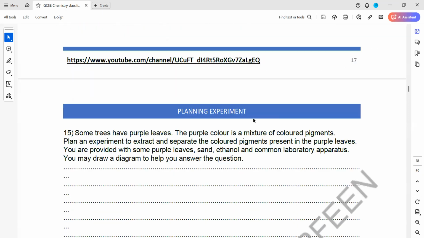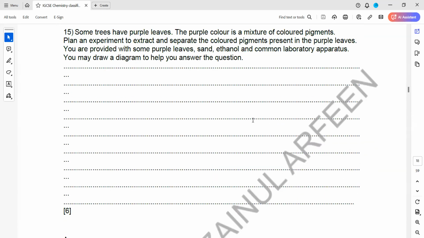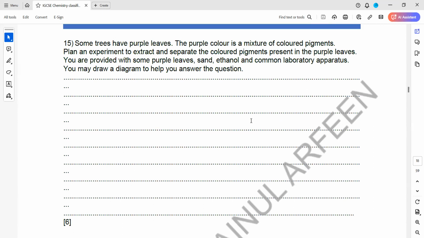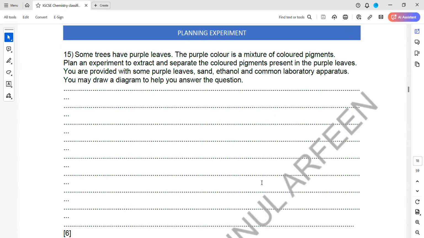So today we'll do question 15. In question 15, some trees have purple leaves, and the purple color is actually a mixture of colored pigments. We have to plan an experiment to extract and separate the color pigments present in the purple leaves.